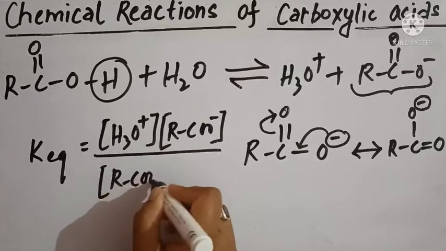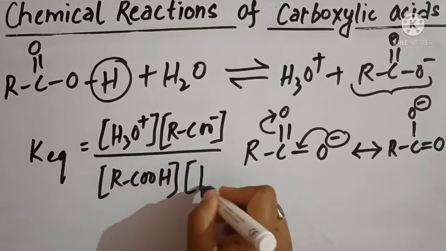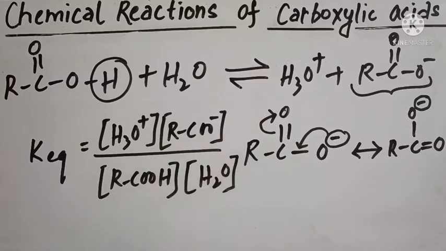So it will be like this. As we are dissolving the carboxylic acid in water, I can take the concentration of water, which is in huge amount, and do the cross multiplication.